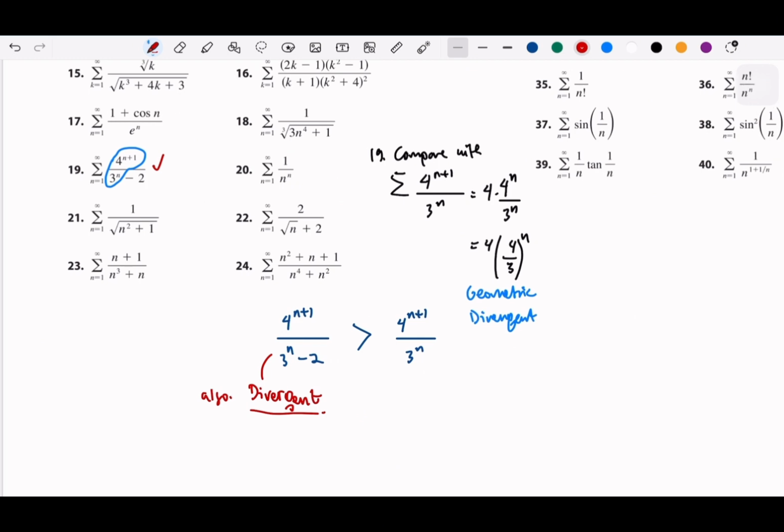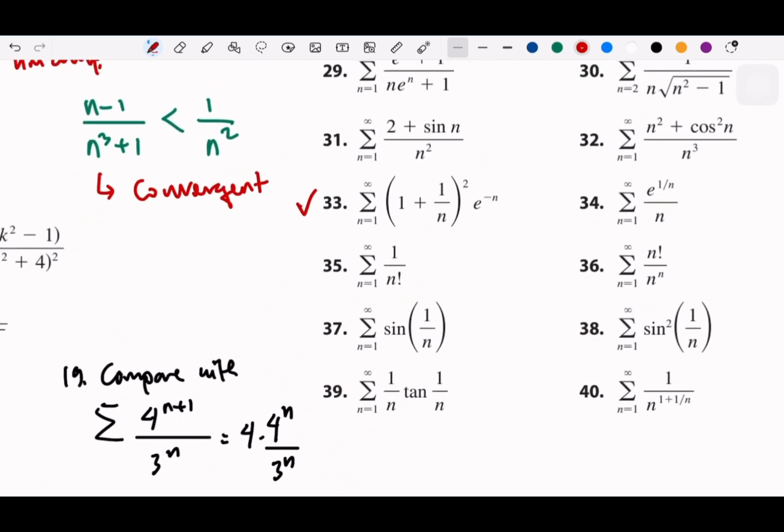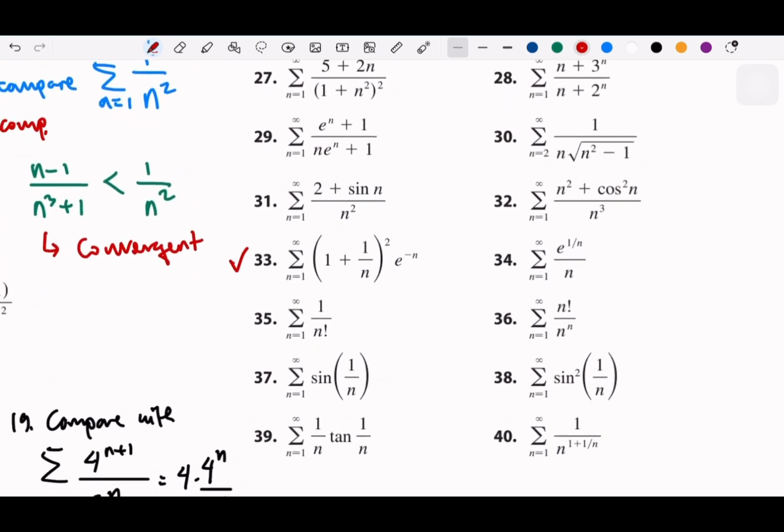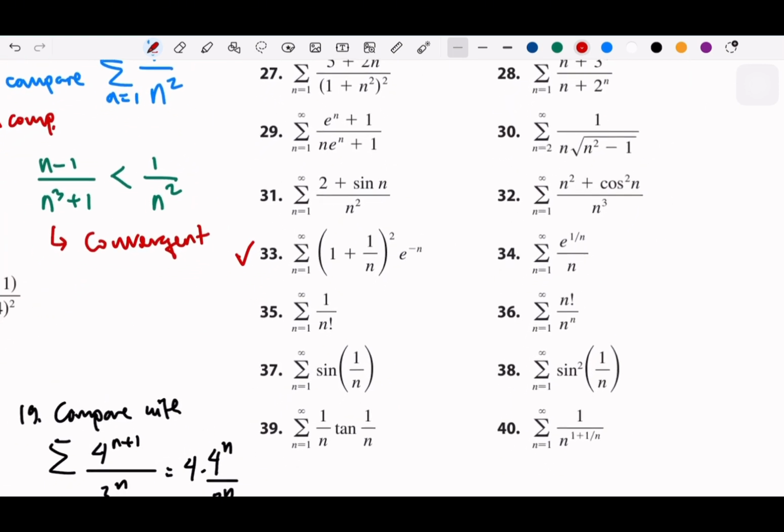Okay, maybe one more, and this is, I think, a little bit complicated. The right one is quite complicated. Even it has the factorial, which is a little bit unusual in the comparison test.